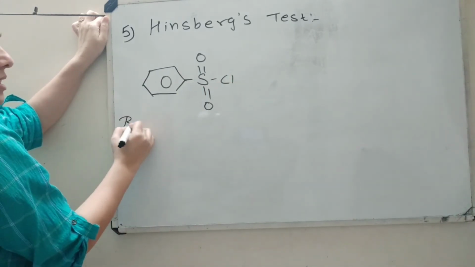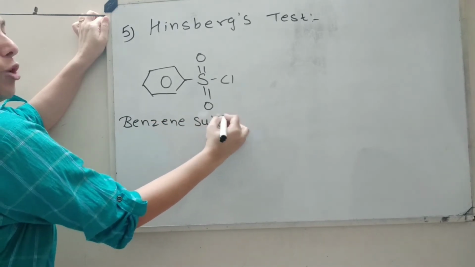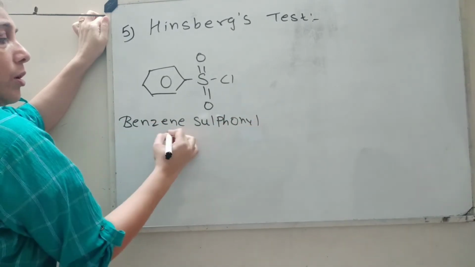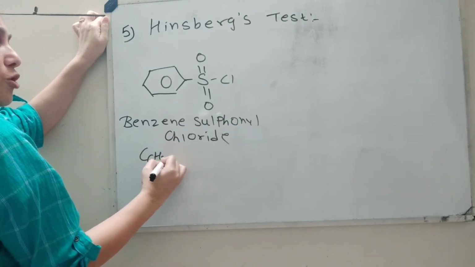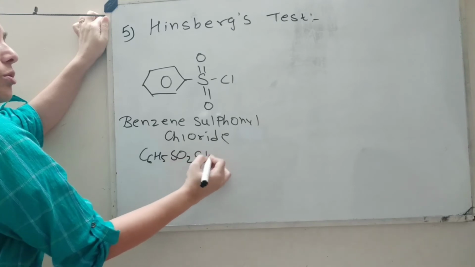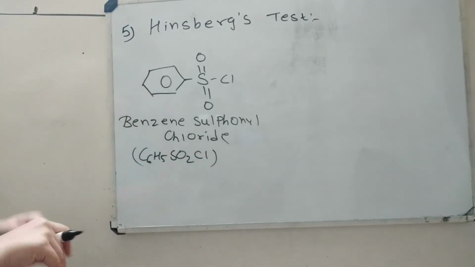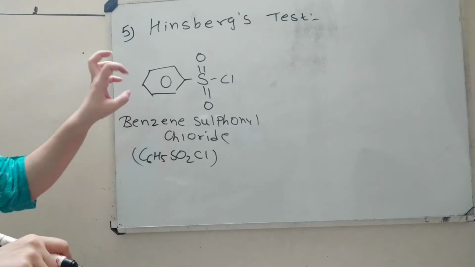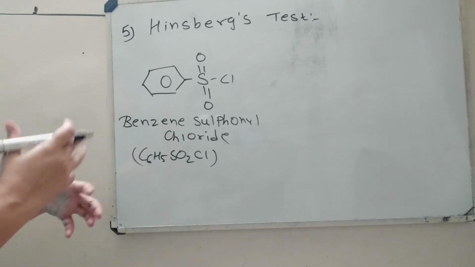It is known as benzene sulfonyl chloride. The formula is C6H5SO2Cl. Two years back in a board exam, the question was there: draw the structure of benzene sulfonyl chloride.